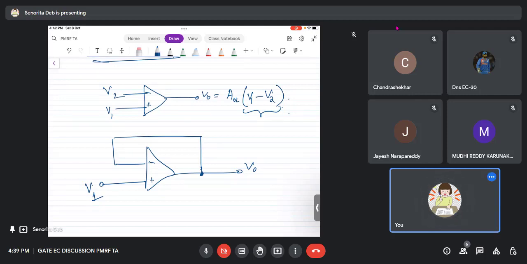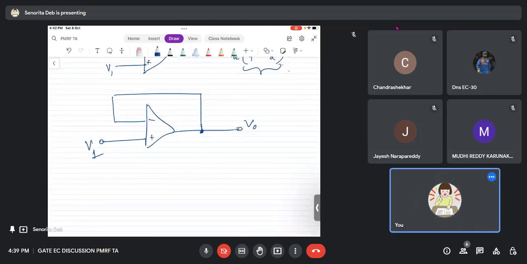What this is doing is V1 minus V0 times AOL equals V0. So in negative feedback, you try to minimize this error between these two nodes.